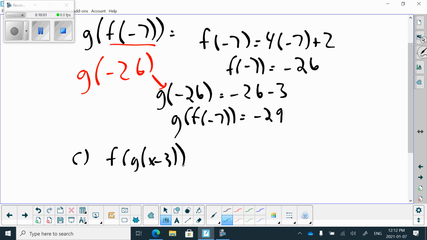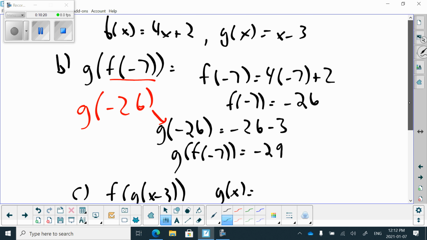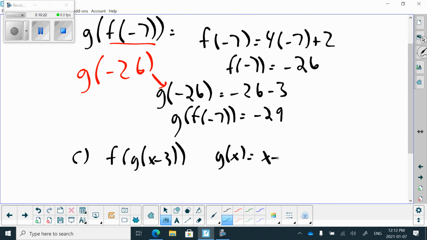Karen in the back there, where do we start? Okay, so what equation is on the inside? Yep. Our g of x again, which I don't remember, so I'll have to scroll up, x minus 3. So, but I'm putting in, to make it more confusing, x minus 3.